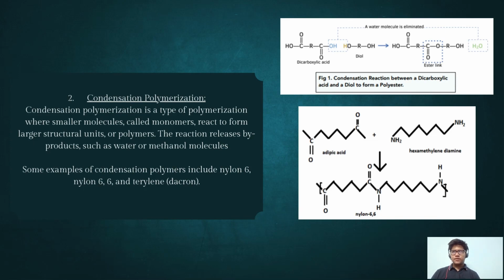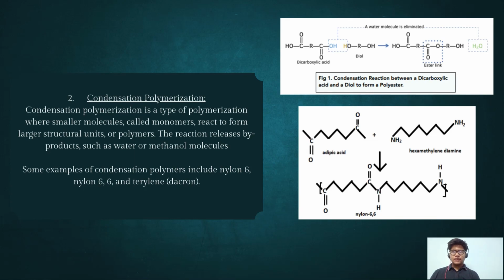Some examples of condensation polymerization are nylon 66, nylon 6 and Dacron. From the given picture you can see the formation of nylon 66, by adding adipic acid, which is one type of monomer, and hexamethylene diamine, which is another type of monomer. These two are added to form nylon 66.